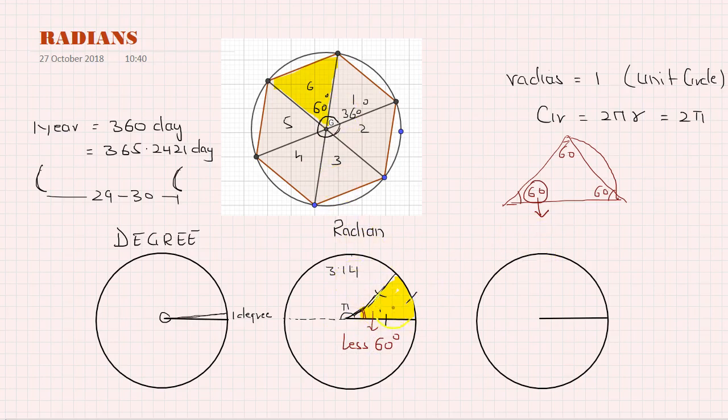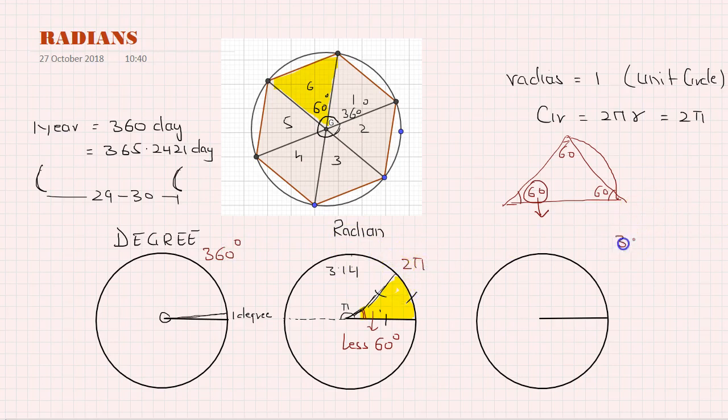So 1 radian is less than 60, and if you want to calculate the value of a radian, this complete angle in degree is 360 degree, and in radian it is 2 pi radian.